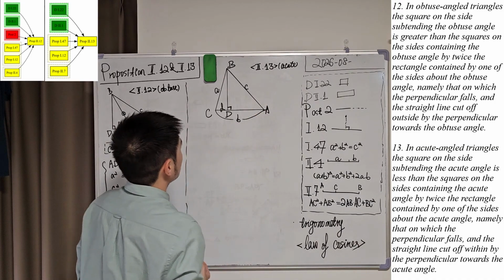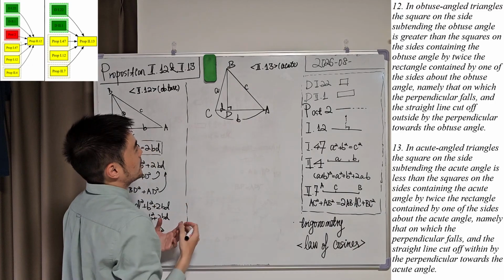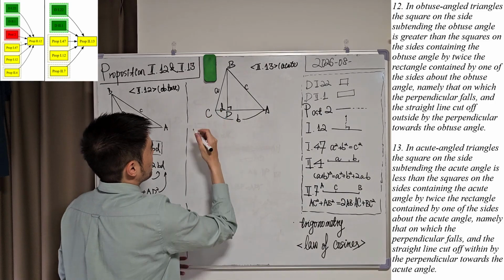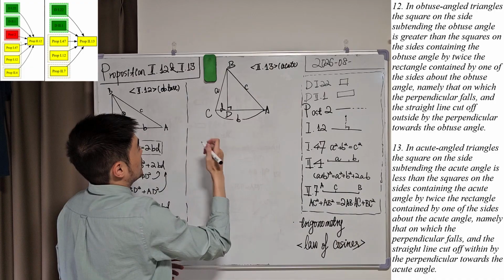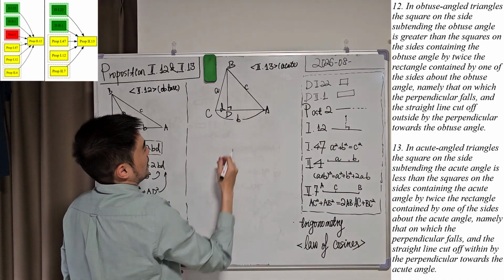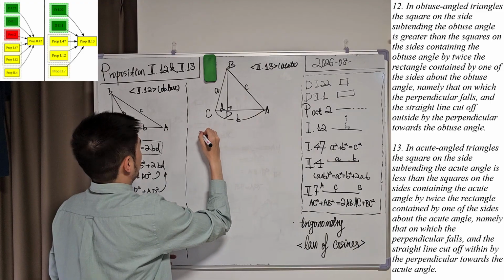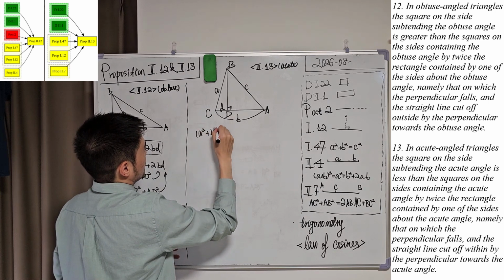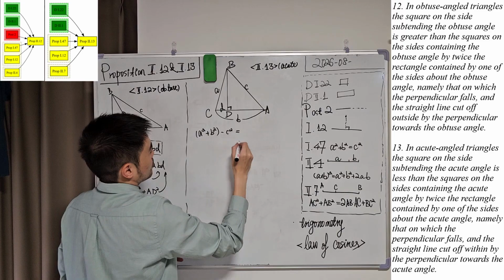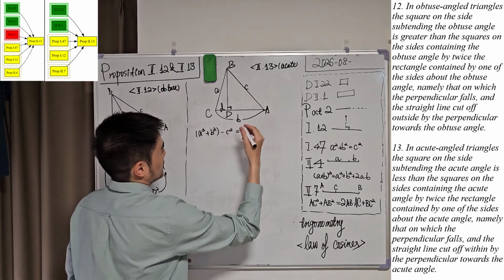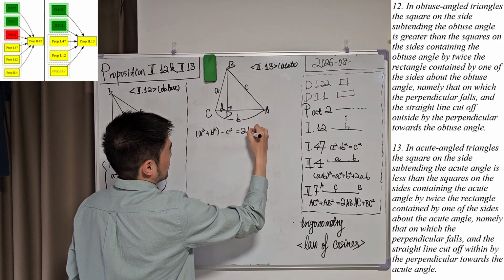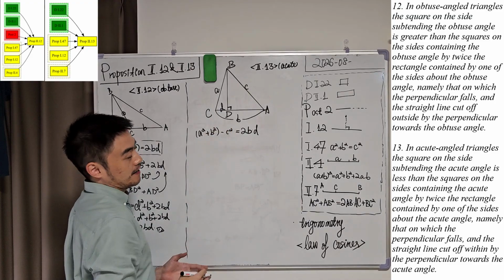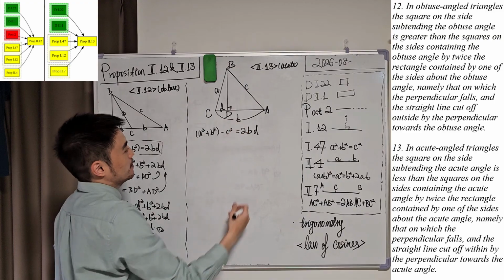And the proposition states that if we are picking up any kind of acute angle in this triangle, for example, angle C, then we have, let's say, the square on the opposite side is less than the sum of the squares on the two other sides by twice the rectangle contained by a side and D. And D is a straight line that we have described how to construct, okay?